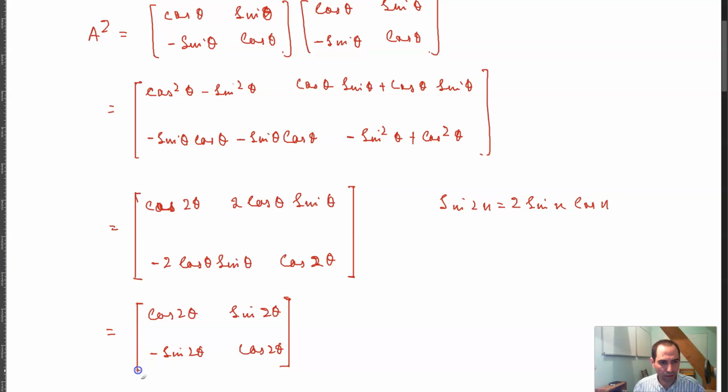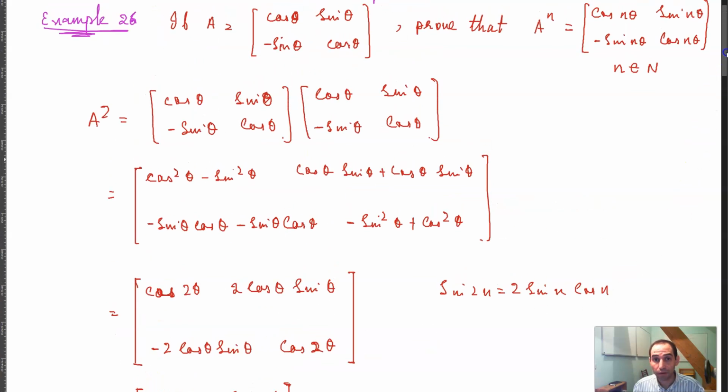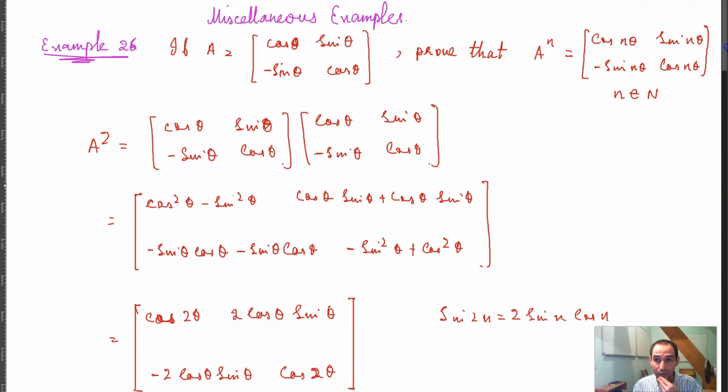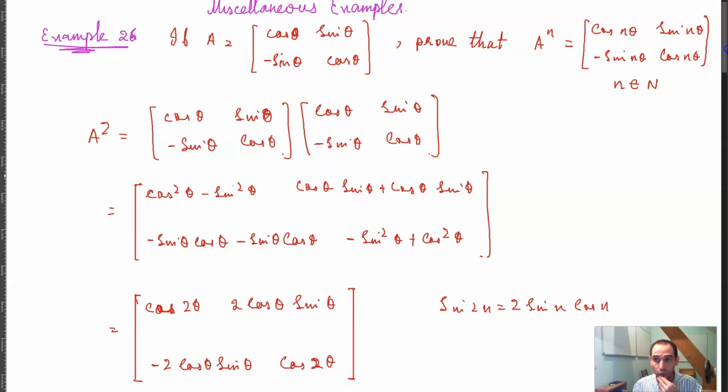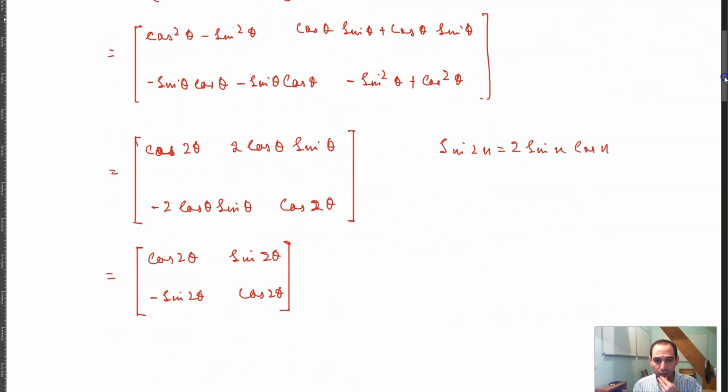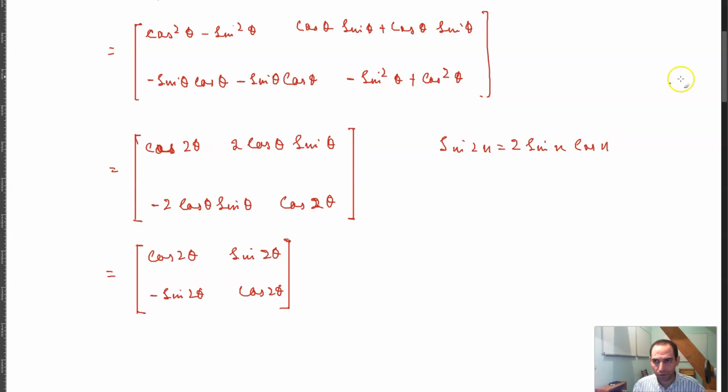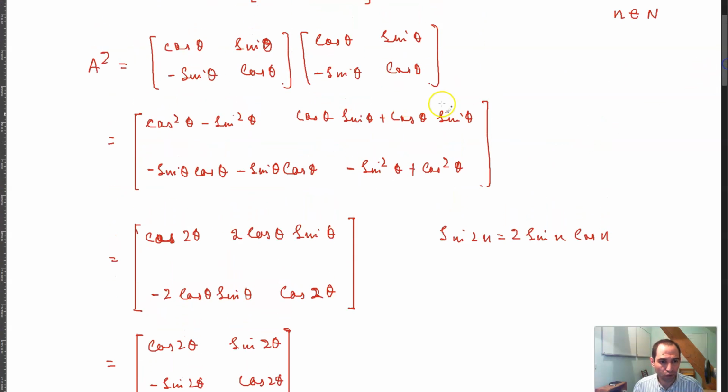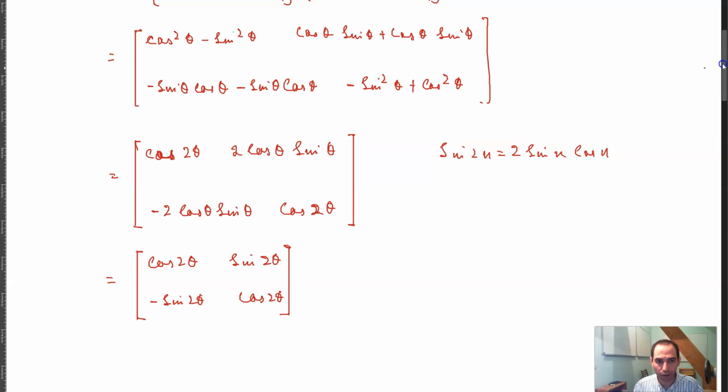We got the same result for A squared. So this is cos of 2 theta, sine of 2 theta, negative sine 2 theta, and cos 2 theta.